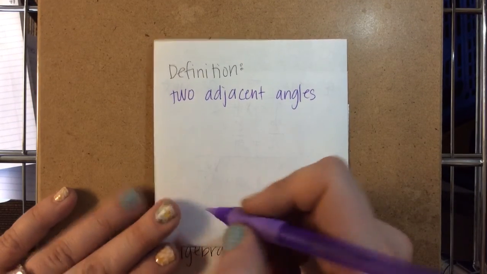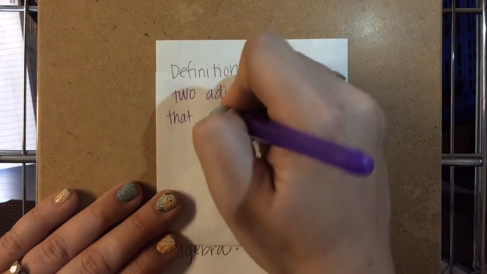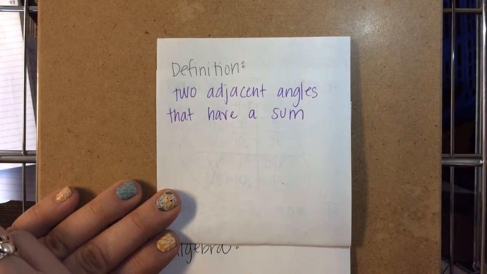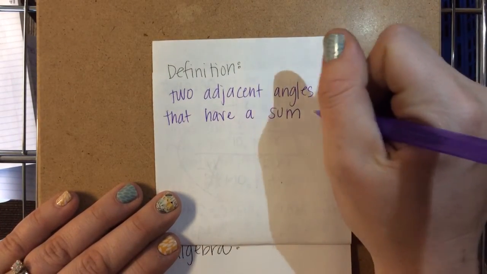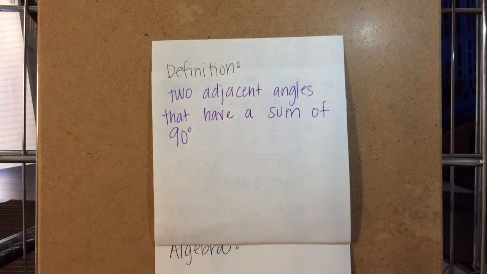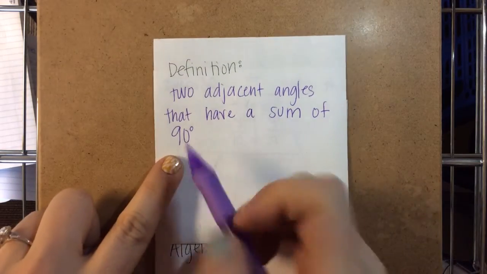Two adjacent angles that have a sum, what does sum mean? Addition. When I add them together, of 90 degrees. So two angles that touch, they're adjacent. They have a sum, so when I add angle 1 plus angle 2, I should get a sum, an answer of 90 degrees.